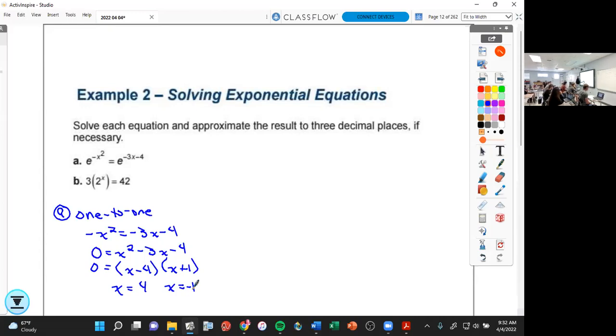Part B. Does that look like it's one-to-one? Or does it look like we're going to have to use some kind of inverse operations? Any thoughts?